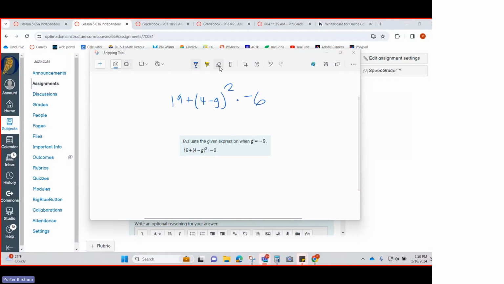So I'm going to replace g with -9. So erase g and put -9 in its place. I have 19 plus, in parentheses, 4 minus -9 out of parentheses, exponent of 2, then times -6. But what do I do first?